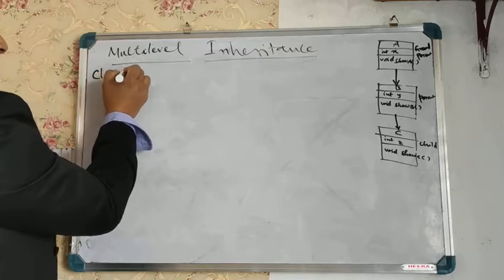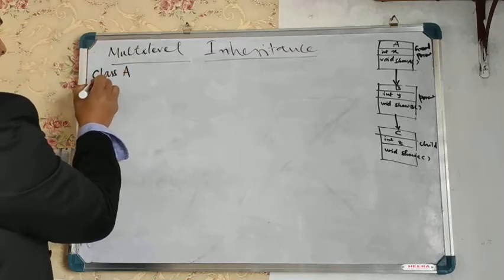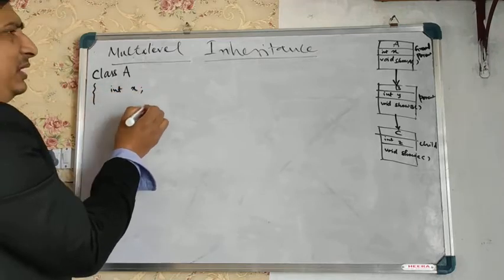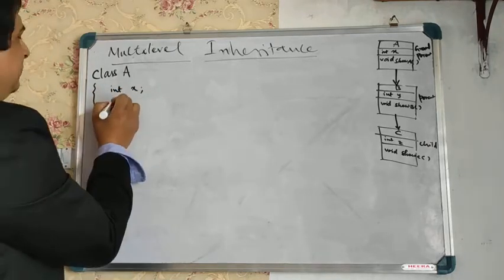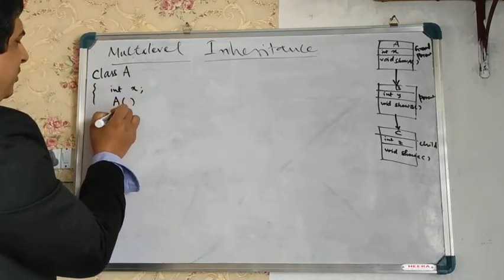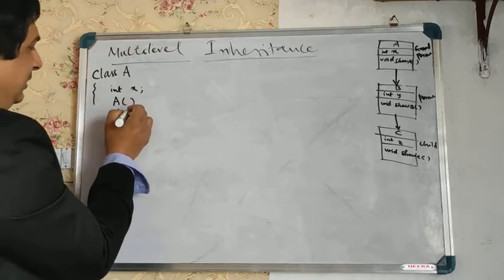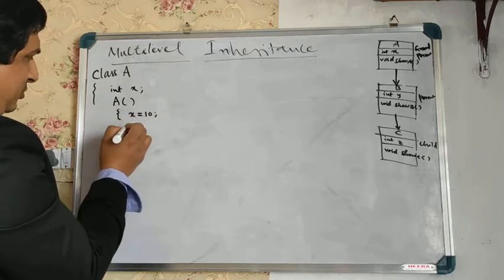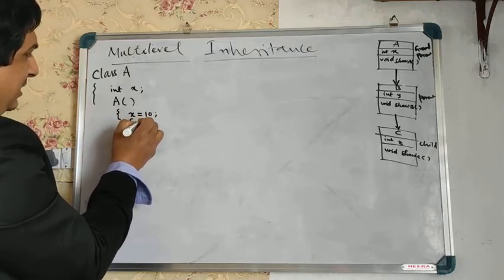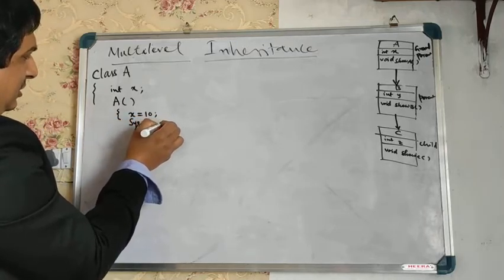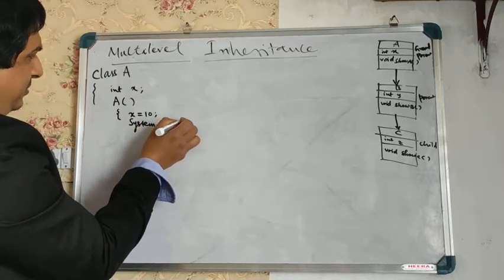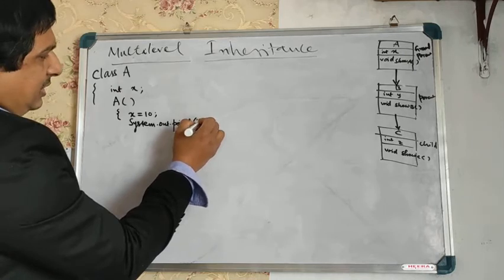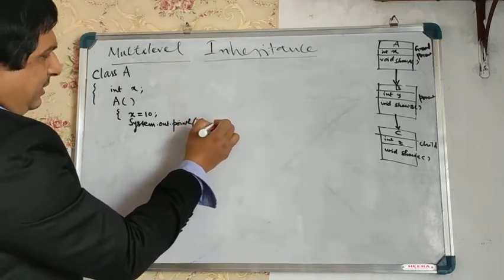So we are defining a class A, and within class A we are writing int x. There is one variable x, and then we are writing a constructor for class A. Here I will make x equals to 10, and here I am writing System.out.println("grandparent").